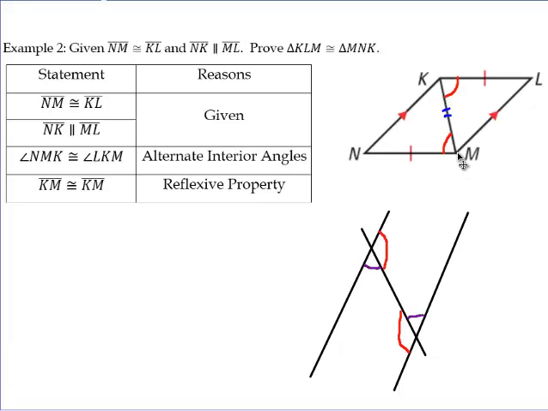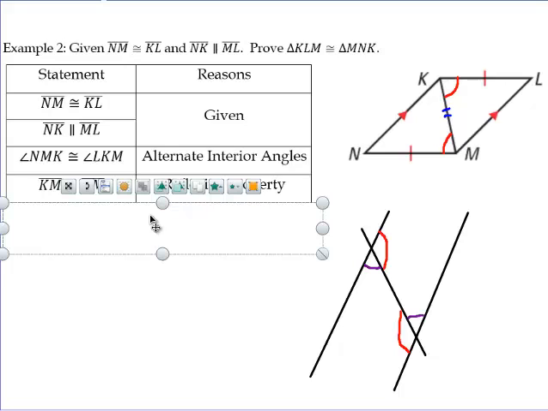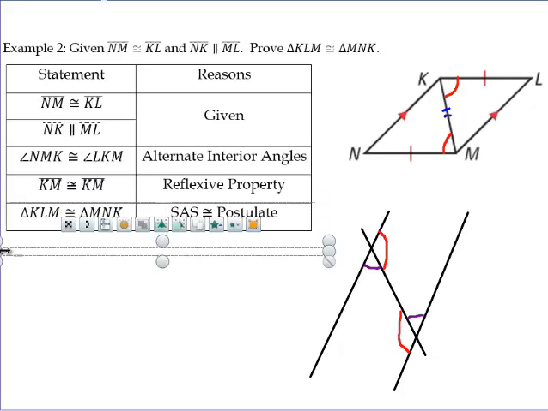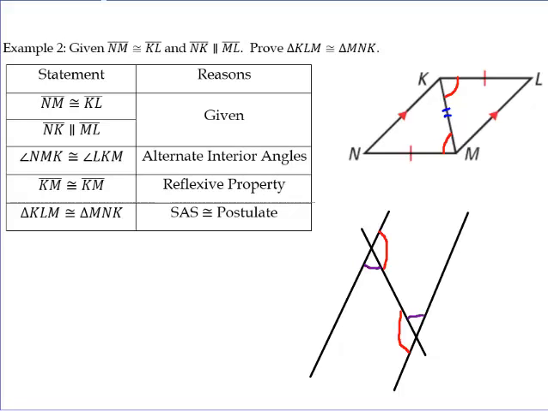That's stuff that we've been using for a long time. So we have one set of sides, the included angle, and another set of sides. So we have all the prerequisites to use the side angle side congruence theorem, or postulate, sorry. So we finish our proof with triangle KLM is congruent to triangle MNK by the SAS congruence postulate.